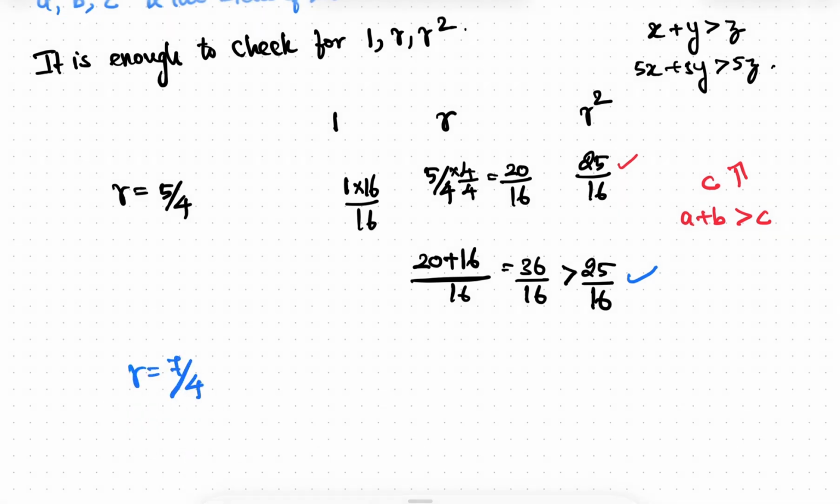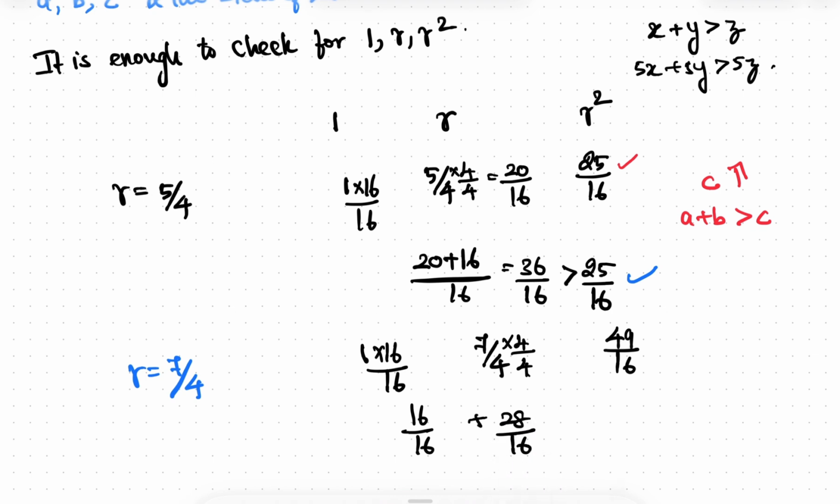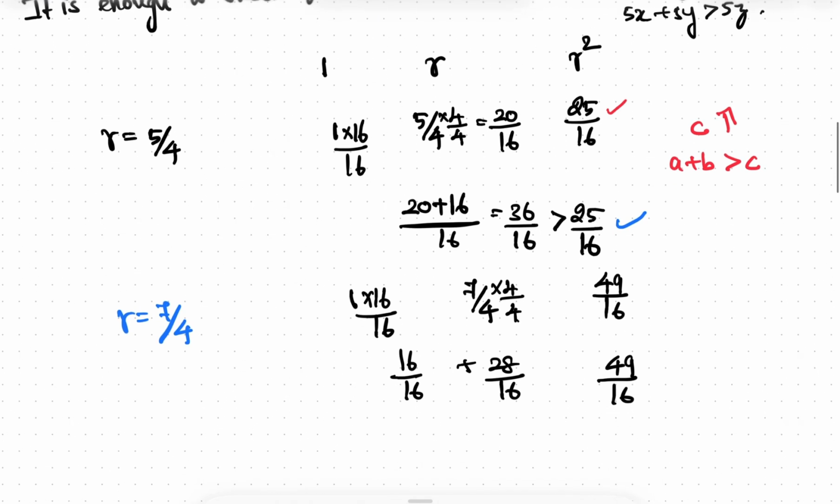When r equals 7 by 4, 1 will be 1, r will be 7 by 4 and r squared will be 49 by 16. Again I can multiply and divide by 4, and here by 16. I'll have 16 by 16 plus 28 by 16. We are going to check if it is greater than 49 by 16.